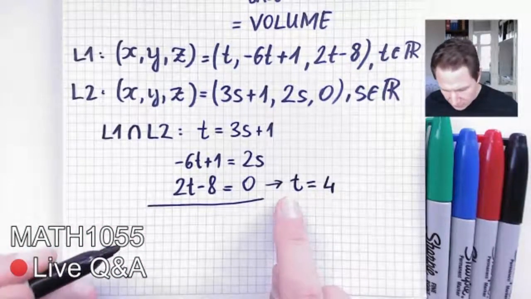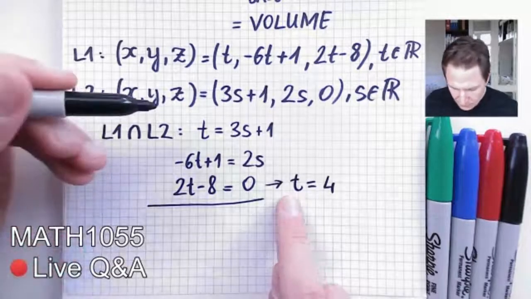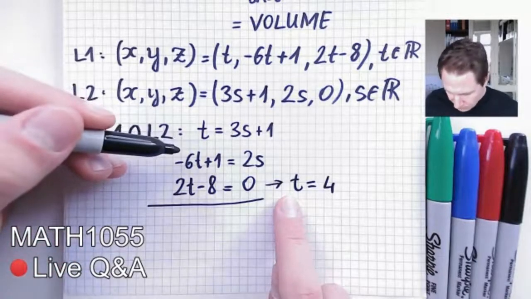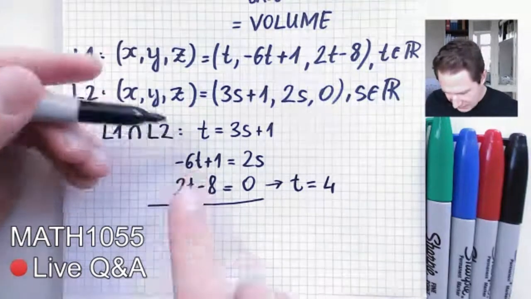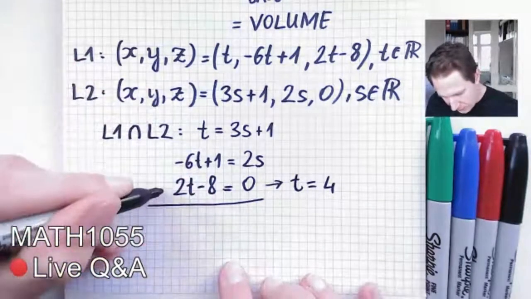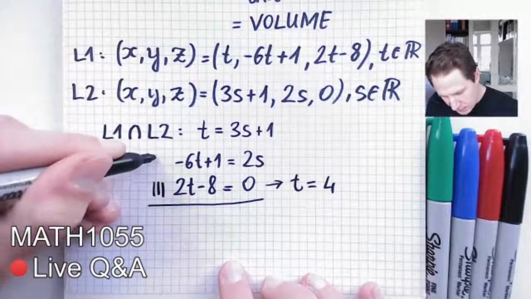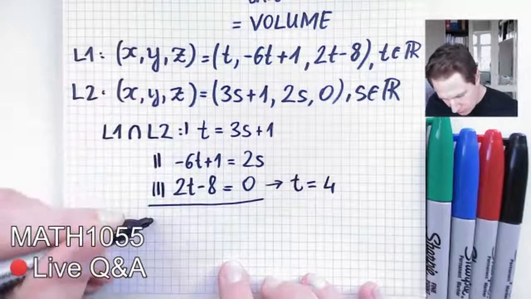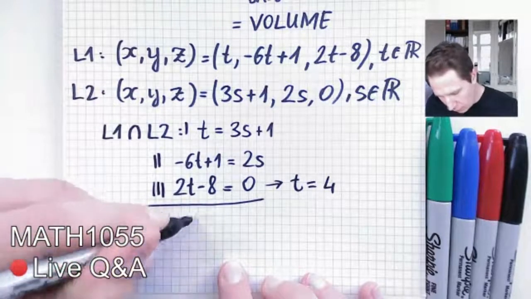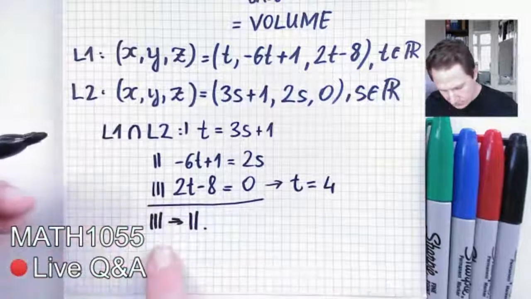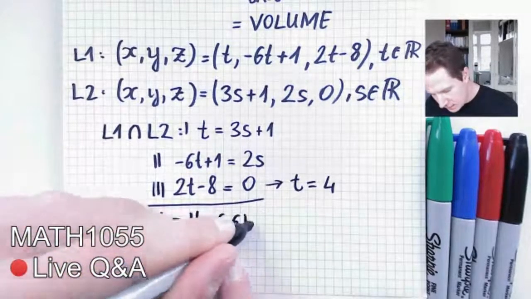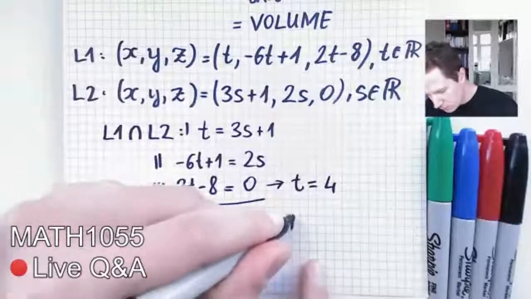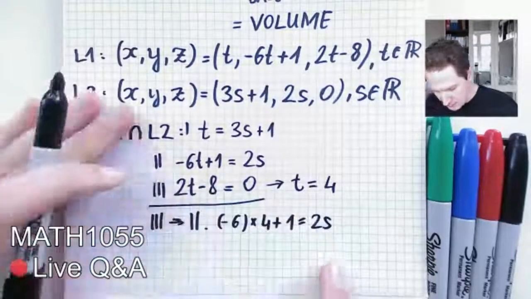Okay, if you plug that into, let's say, the second equation, you get minus 6 times 4 plus 1 equals 2s.